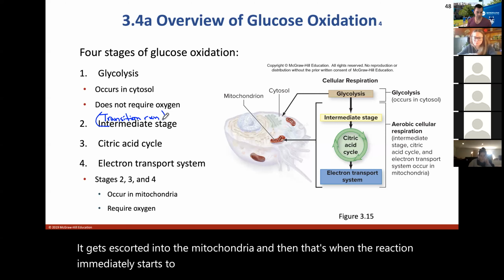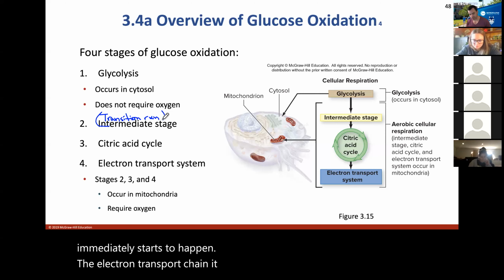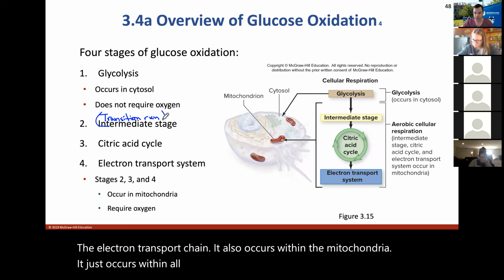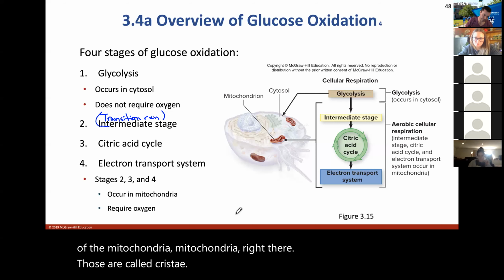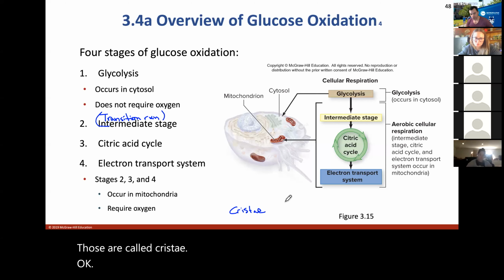The electron transport chain also occurs within the mitochondria. It just occurs within all of those folds. You see all those folds on the inside of the mitochondria right there? Those are called cristae. And that is where the electron transport chain is occurring.